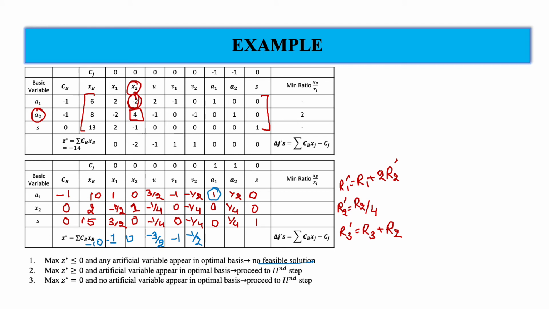In this, when you multiply by -1, then the cj value is there, the cj value is -1, so it will become 0. Here it will become half, and this will become 0. Okay, this is positive, sorry. So these are our delta j's. Now what are the negative values? These are our negative. Out of these, this is the minimum, but why will we not select u as the incoming variable?